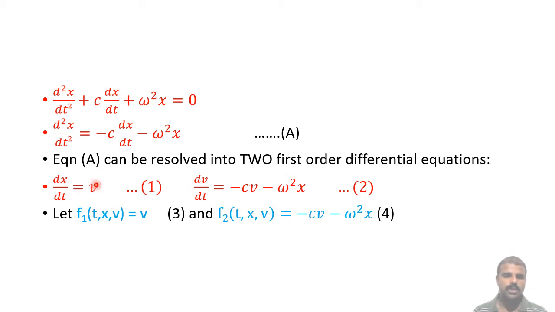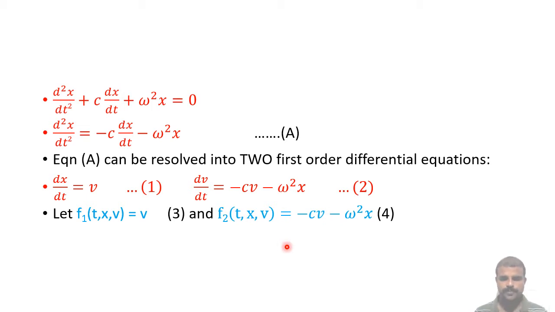So to solve this equation, our function is v, and to solve this equation our function is minus c into v minus omega square x. Alright, so we have to solve these two equations simultaneously, because this v value comes here and in f2 also.